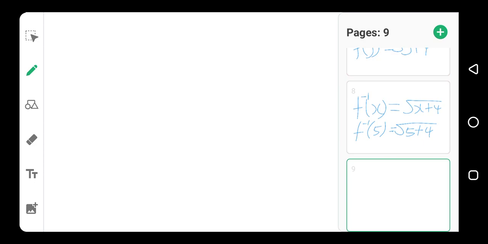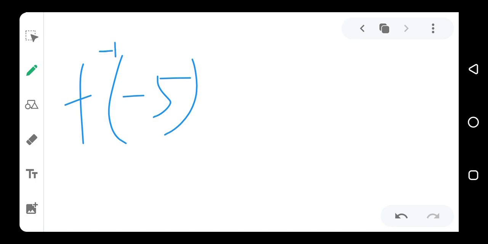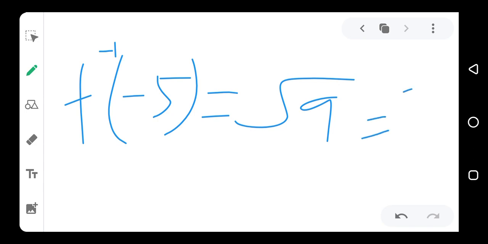So it becomes that f inverse of 5 is equal to root 9, and root 9 is equal to 3.